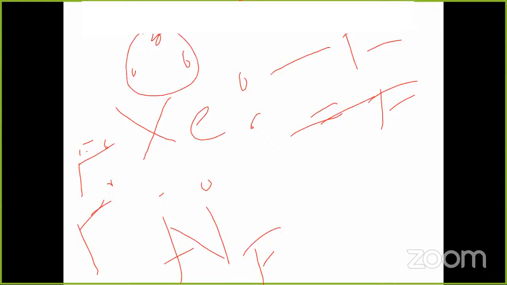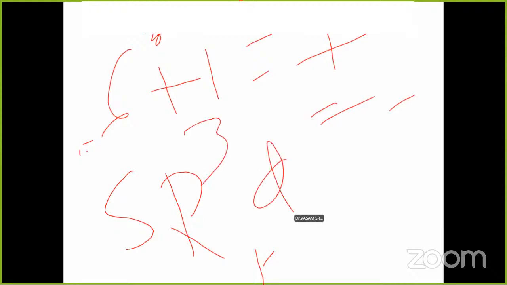So how many sigma bonds around xenon? 1, 2, 3, 4, 5, 6. 6 sigma bonds and 1 lone pair. Now the geometry. 6 sigma and 1 lone pair, 6 plus 1 is equal to 7. 7 means the hybridization is sp3d3.